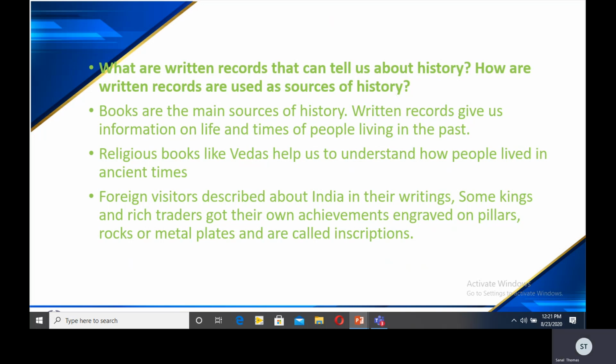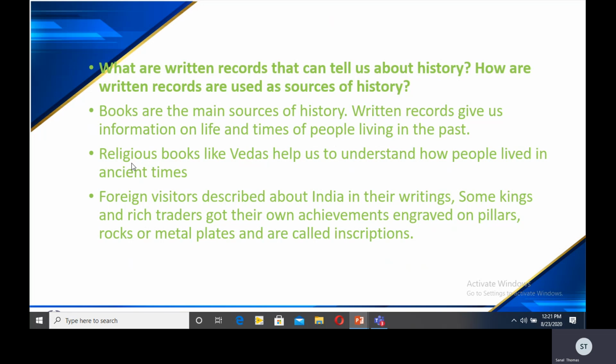Which are the main written records? They are books, right? So books are the main sources of history, and the written records give us information on life and times of people living in the past.